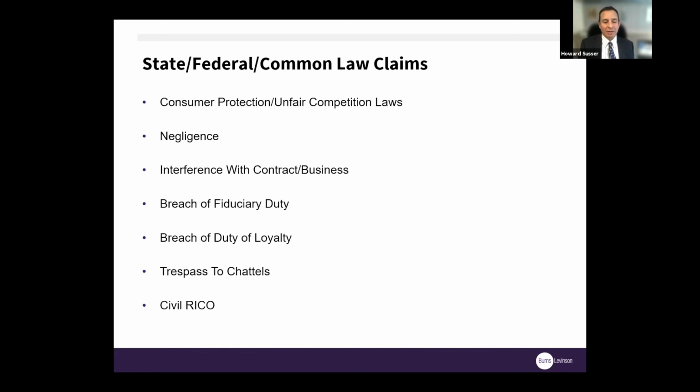There are even references to very old-fashioned types of claims like trespass to chattels, which is just this idea of a trespass to some physical personal property you may have.